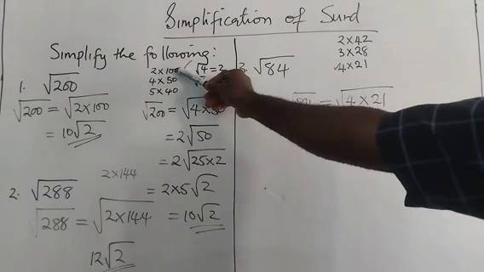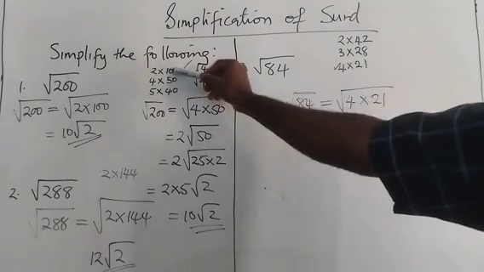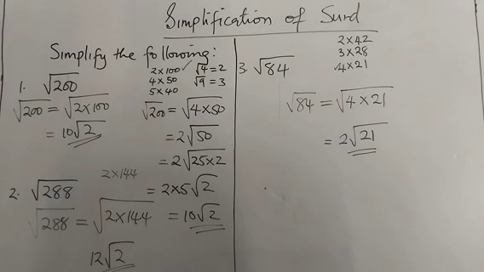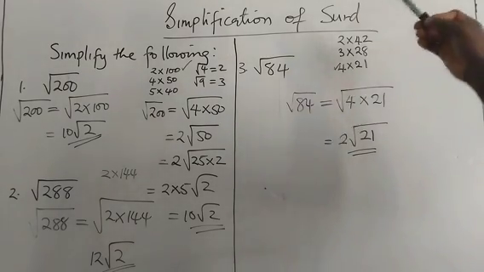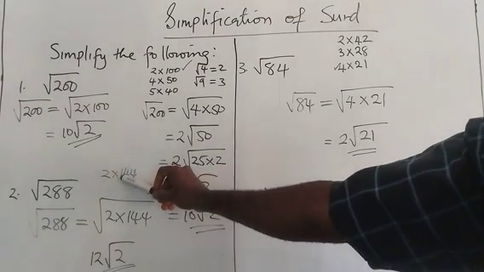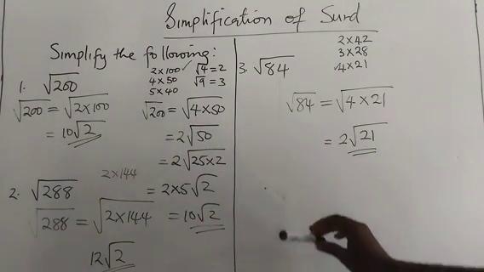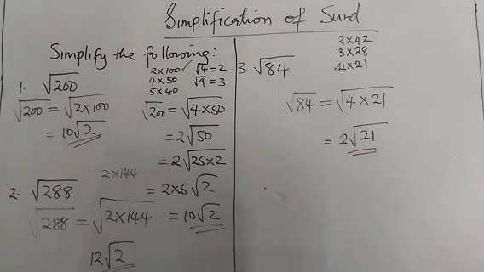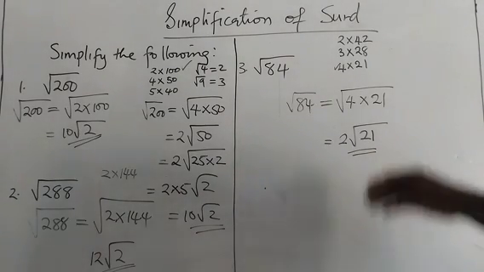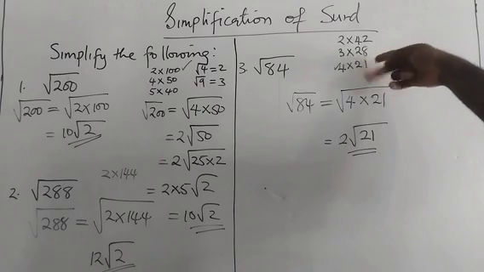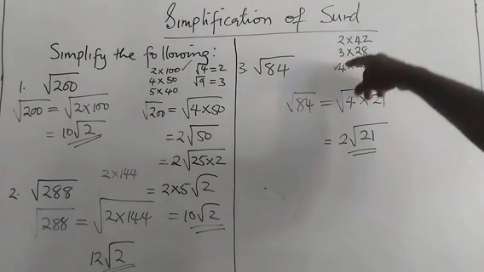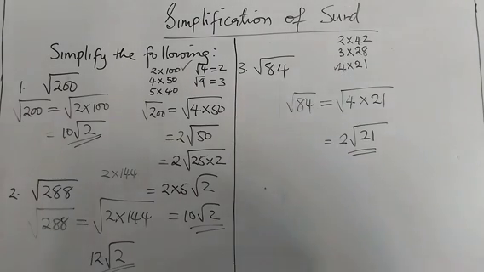As we saw here, we chose 2 and 100, and it gave us the answer in no distant time. And we also saw here 144 is the highest perfect square for 288. We used it and we got the answer immediately. For root 84, we went for 4 and 21 because 4 is the highest perfect square that you can get as a factor of 84.